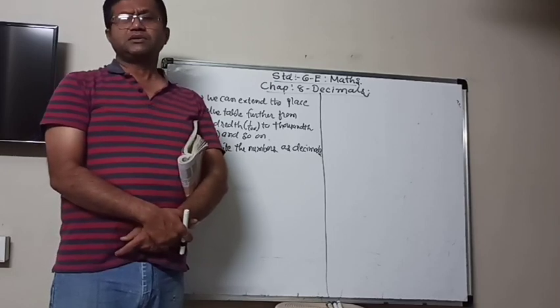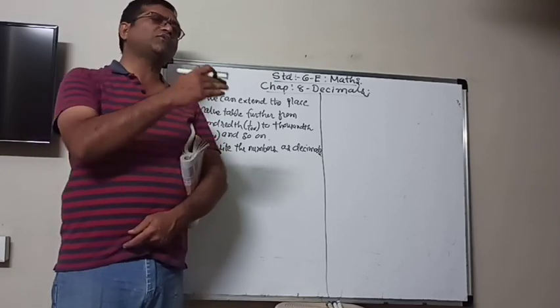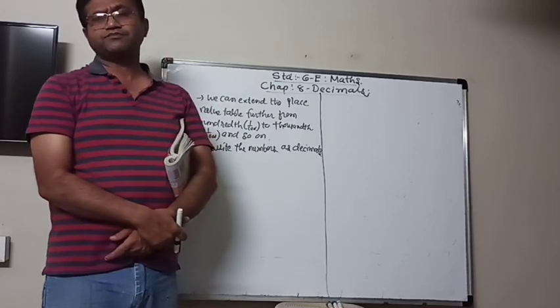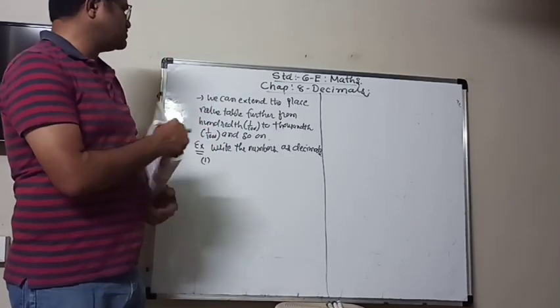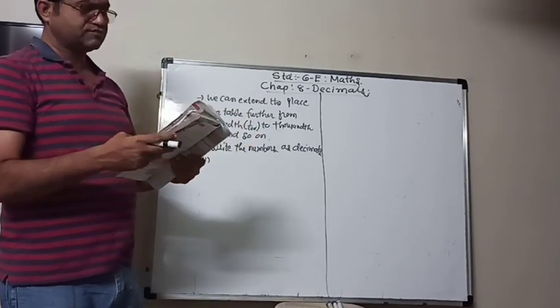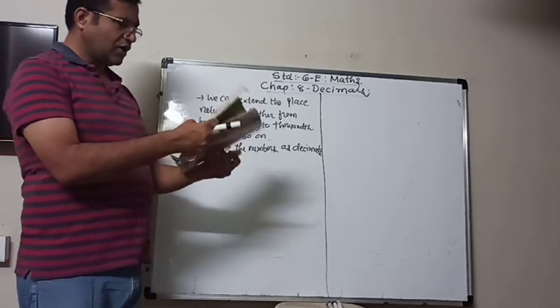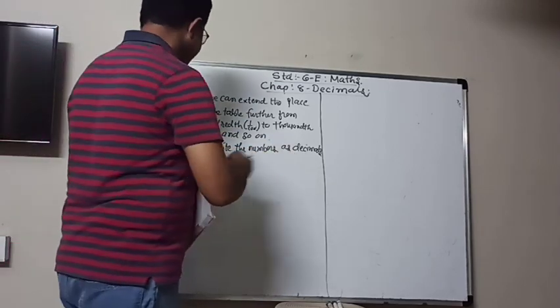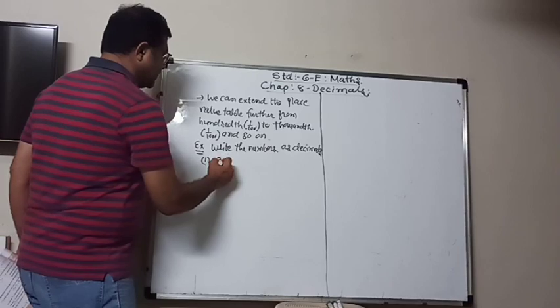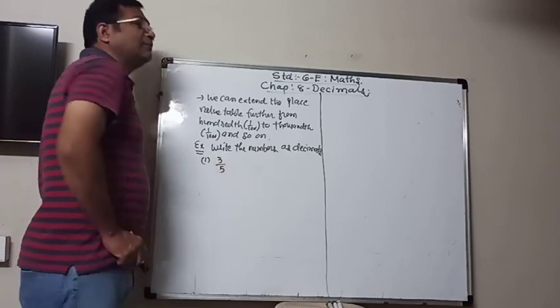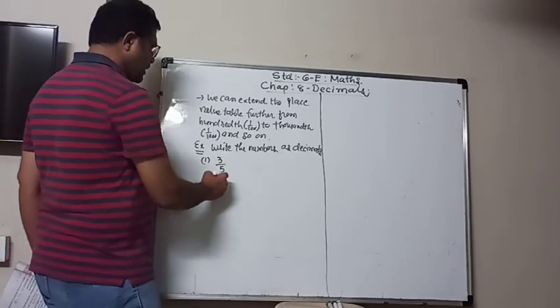But we are not going to go for the ten-thousandth now. So let us write some numbers as decimals when they are given in the form of fractions.